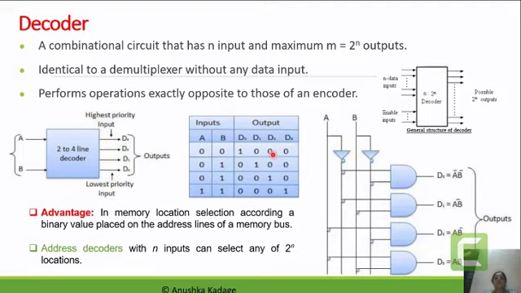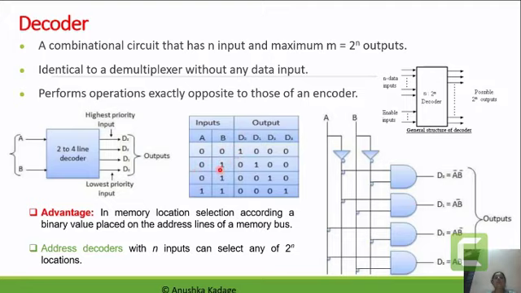That decoder output will be presented based on the input combination that we have. So let's say if my input combination for the two input variables AB is 0 0, then we make the D0 line 1 and all other lines 0, which indicates that the lowest priority input has been presented.